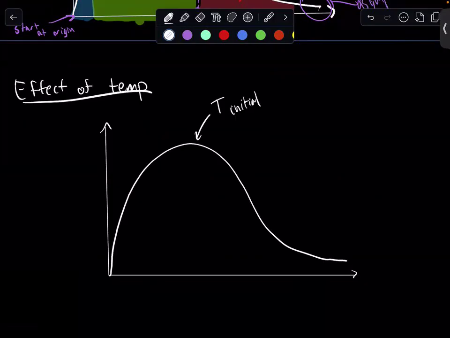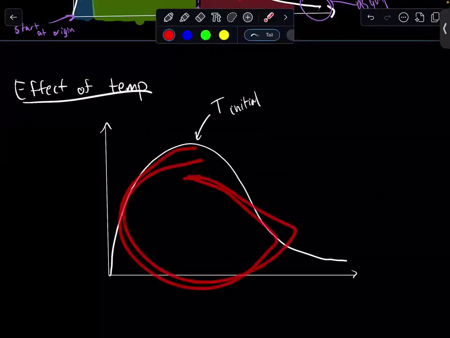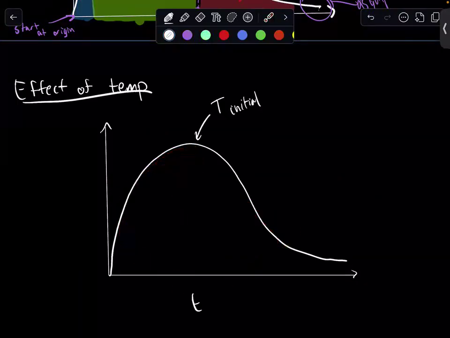Now, if we heat all these particles up, right now our energy for T initial, our average energy is kind of right down the middle. That's T average. If we heat up our curve, our average is going to shift to the right. So this might be our average for T average hot. The question is, what happens to the curve?